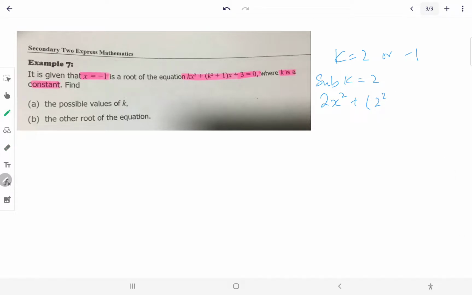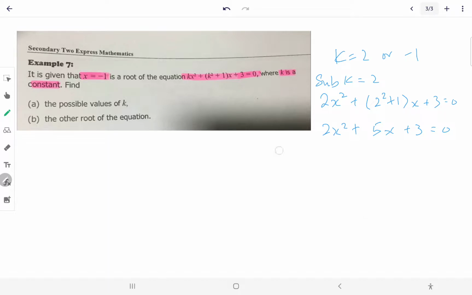So this is (2 squared plus 1)x plus 3 equals 0. So we have 2x squared plus 5x plus 3 equals 0. So we have one equation like this now. So we do the quadratic again.